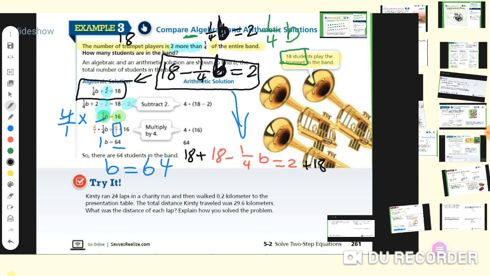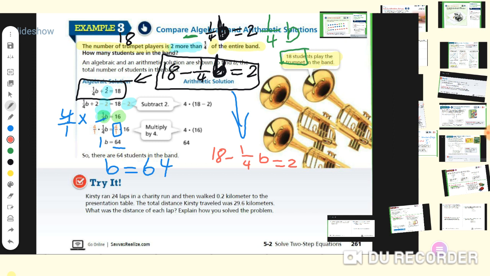Sorry, I will subtract, because 18 here has a positive sign, so I need to put the additive inverse. The additive inverse of 18 is negative 18.